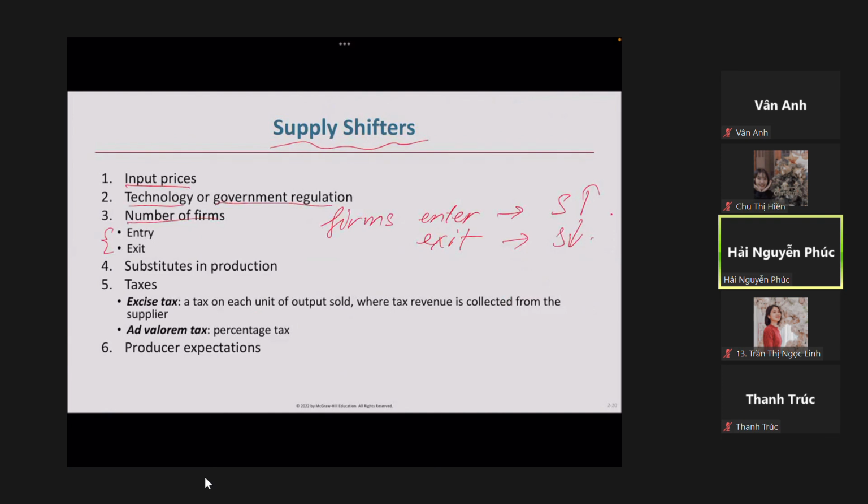Some other factors that shift the supply curve are substitutes in production, the effect of tax imposed by the government, and the expectations of the firms in the market. Now let's take a look at the effect of the tax.